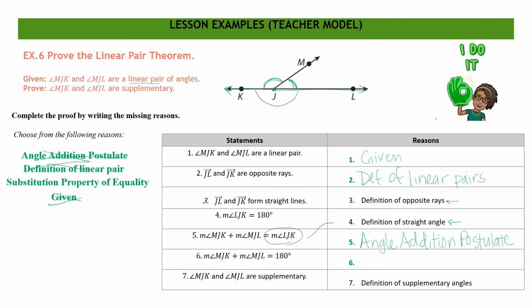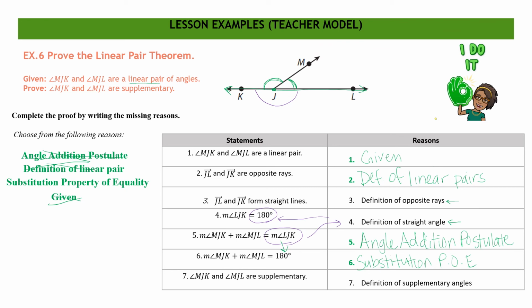We saw that here in reason number 4. And we know that it's a straight angle because it has two opposite rays that form a straight line, and if we have a straight line, we know it equals 180 degrees. So that means I can replace or substitute the measure of LJK with 180 degrees. So that would be the substitution property of equality.